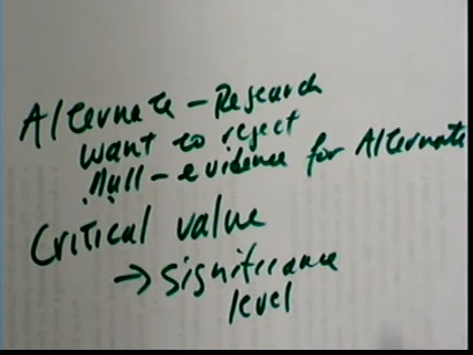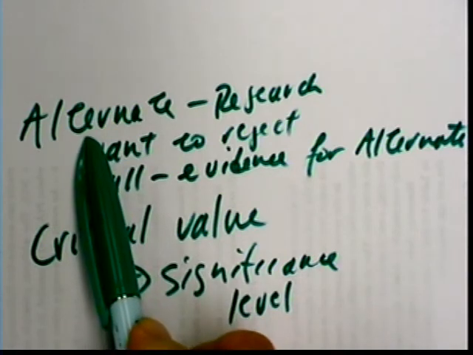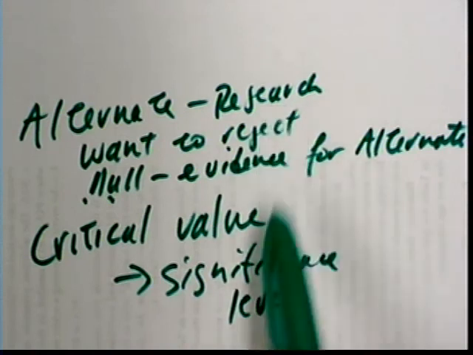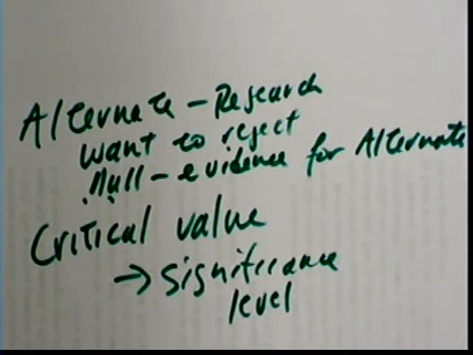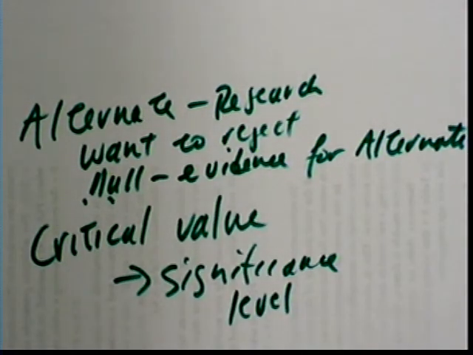And then another point I do want to emphasize again is that when I talk about the alternative hypothesis, that is essentially the research hypothesis. That's what you want to reject. If you can reject, you want to reject the null hypothesis, and that will give you evidence for the alternative hypothesis. So we'll break away, then we'll come back and carry on.